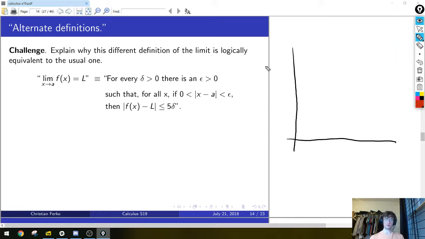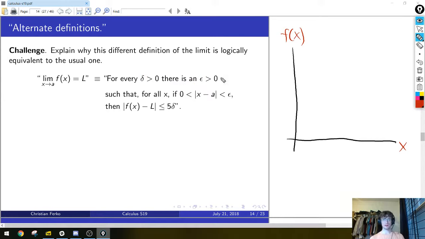So, okay, the first one, I'll just tell you whether it's equivalent or not. The challenge is to explain why this different definition of the limit is logically equivalent to the usual one. So this one is the same. The definition is, we define the limit as x goes to a of f of x equals L as the statement that for every delta greater than 0, there is an epsilon greater than 0. Notice that we've switched the order of these from the way they usually appear.